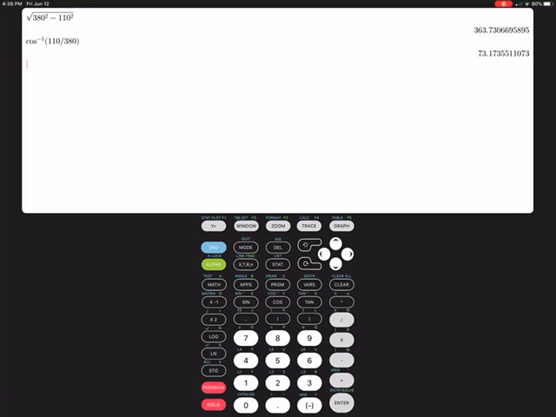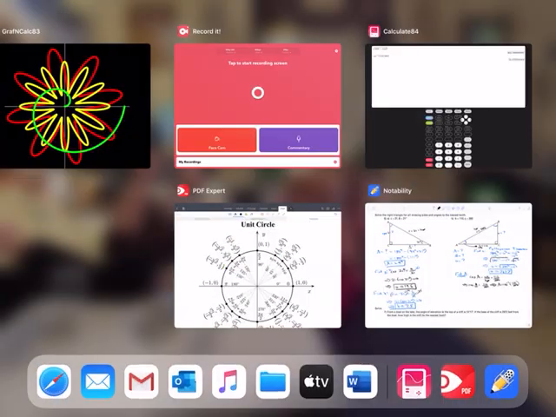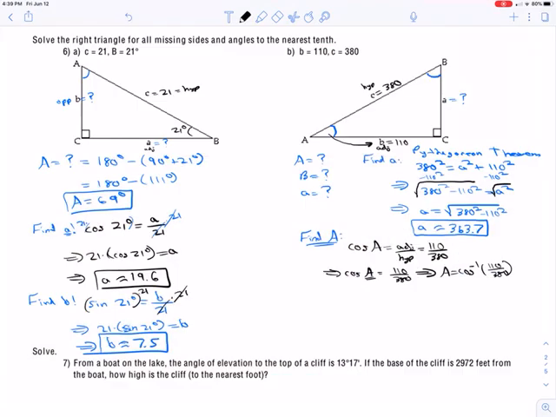That's 73.2 rounded to the nearest tenth. So again, using the cosine function to find angle A, adjacent over hypotenuse, which we plugged in. So A is equal to 73.2 degrees.